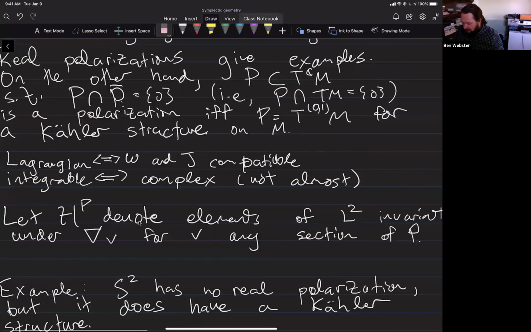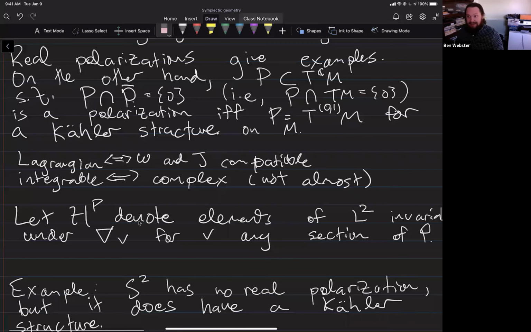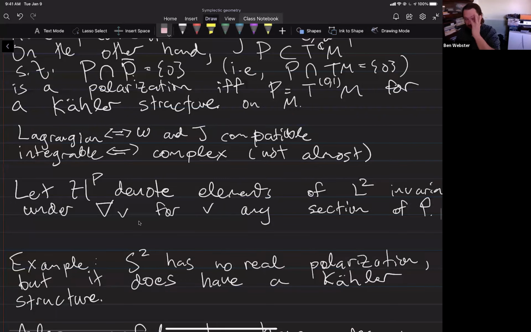And this complex perspective is very useful because it lets us get polarizations in lots of situations where otherwise we couldn't find them. Right? So polarizations are very tricky to find on compact symplectic manifolds. Sometimes they exist, but they're pretty rare, and complex polarizations are much more common. So for example, if I take any symplectic 2-manifold, it has a compatible Kähler structure.